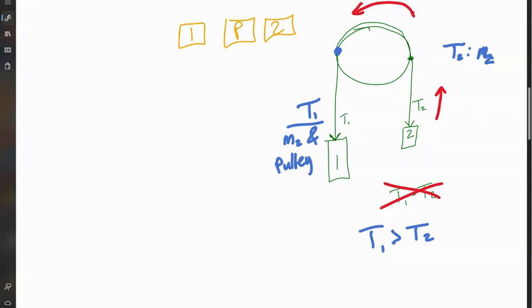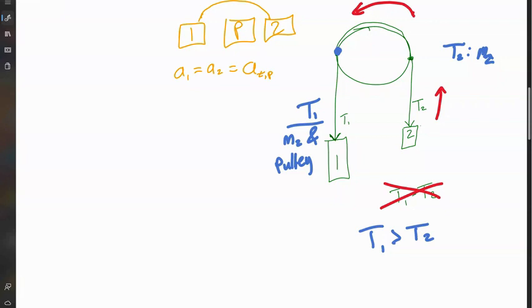Now, we know that block 1 and block 2, since they're connected by the same string, will have the same accelerations. Acceleration 1 and acceleration 2 have to be the same, and that has to be equal to the tangential acceleration of the pulley, because that's sliding along with the string.